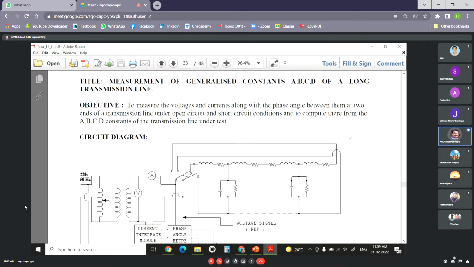If you recollect, for short transmission lines the capacitance effect is quite negligible, whereas the capacitance of medium transmission lines cannot be neglected, and it may be considered to be lumped at one or more points of the line.